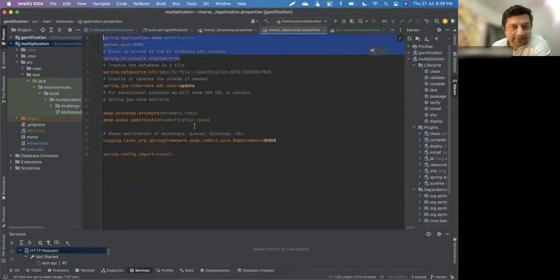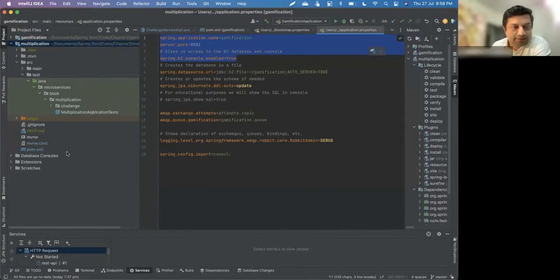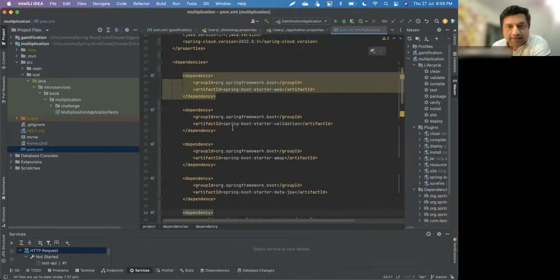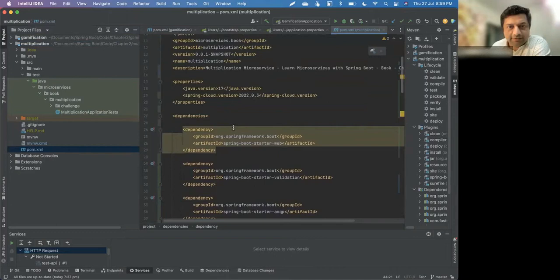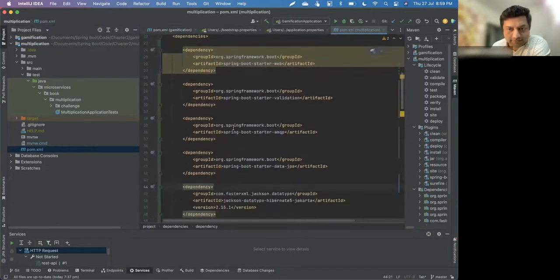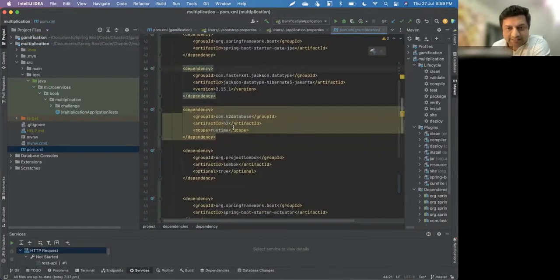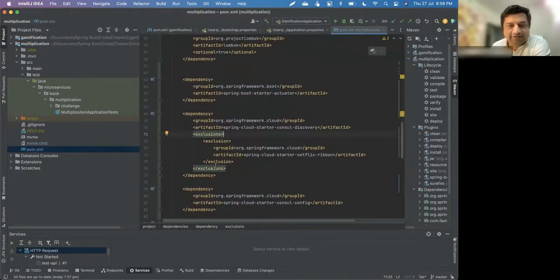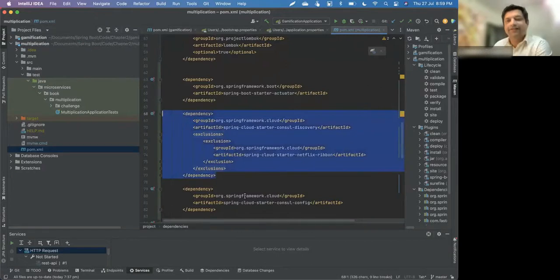Now, how I am enabling this to register in the service registry is, I include a component here, service discovery.